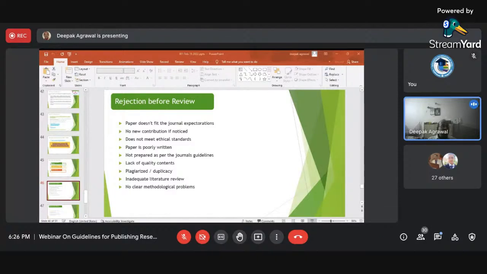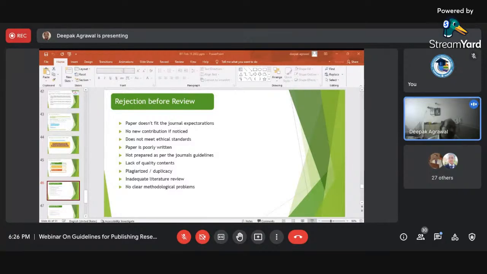The quality of the paper is very poorly written. Flow of work, language, words, quality contents, these are all equally important. If it is not up to the standard, they will reject your work. So in that case, you can take the help of the various free software and tools available.